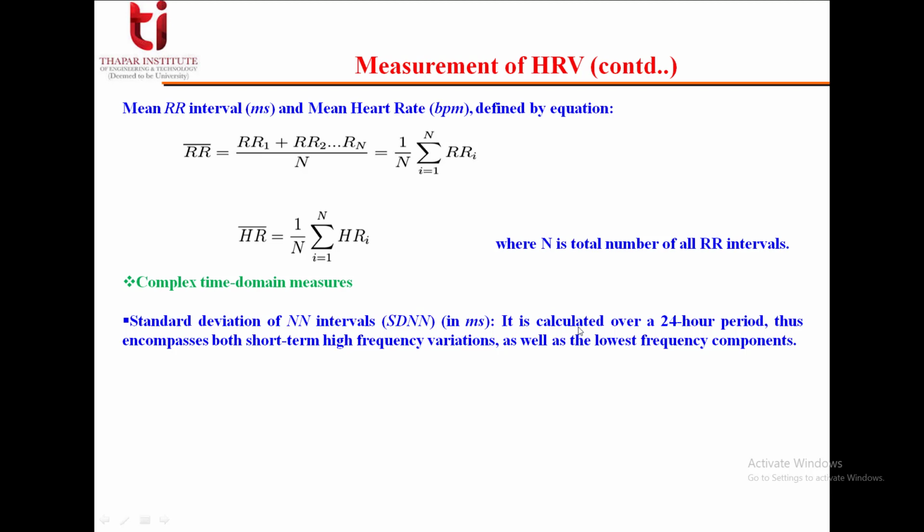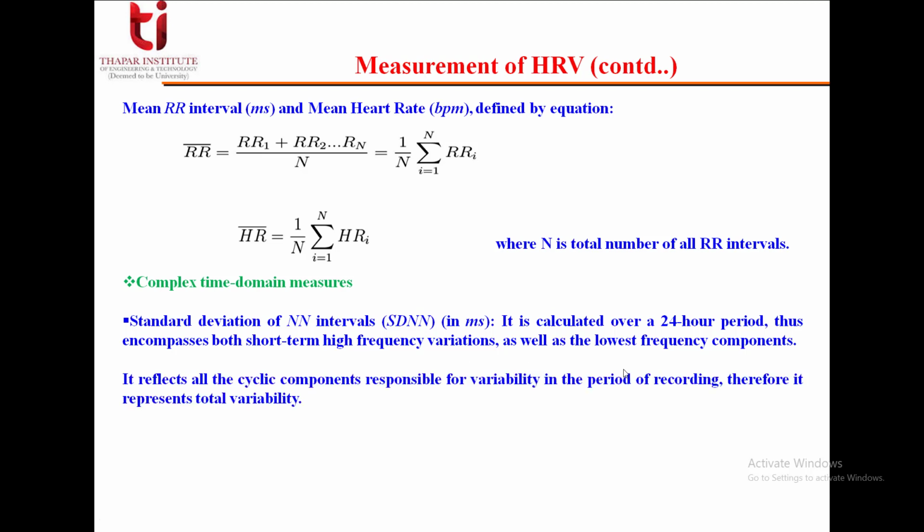It is calculated over a 24-hour period, thus it encompasses both short-term high-frequency variations as well as the lowest frequency components. It reflects all the cyclic components responsible for variability in the period of recording. Therefore, it represents total variability.